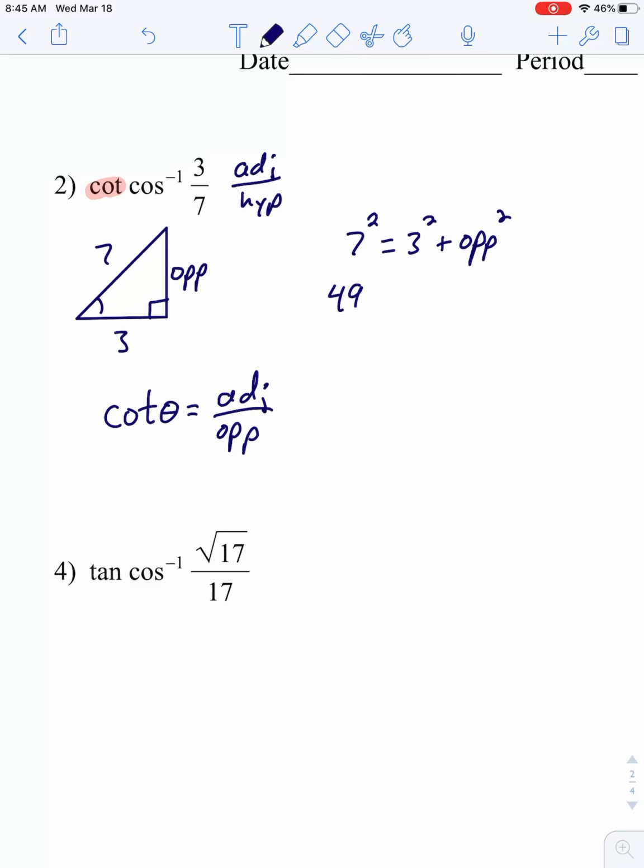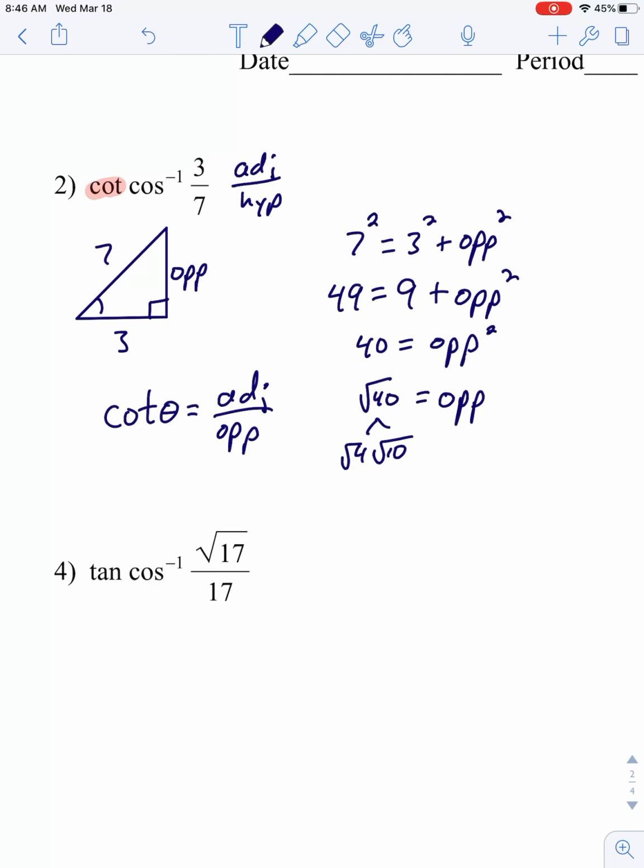So this is 49 equals 9 plus opposite squared. Subtract the 9 over, you get 40 equals opposite squared. So the opposite then is going to be the square root of 40. 40 is not a square number, but you can simplify it. It breaks down into 4 times 10. And when you square root that, you get 2 radical 10.